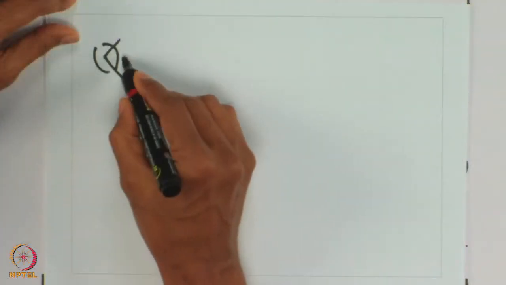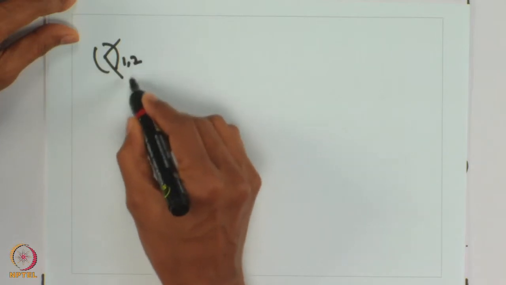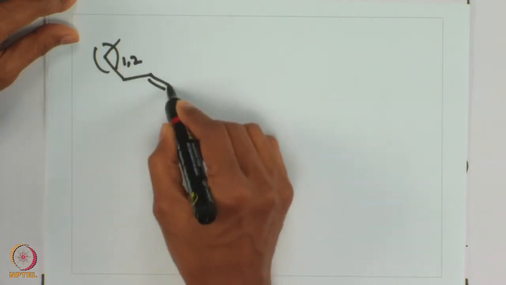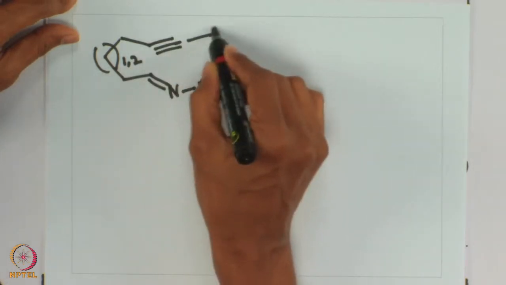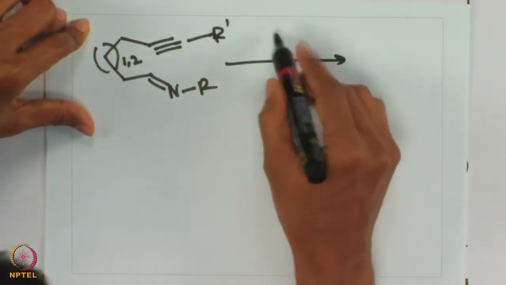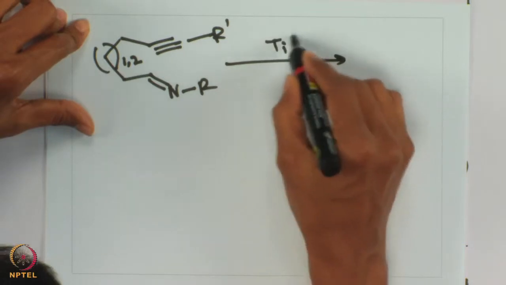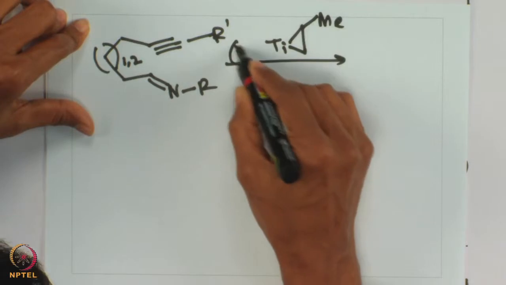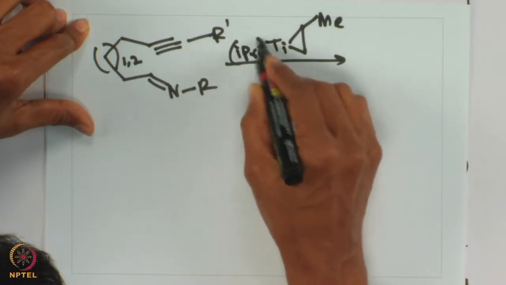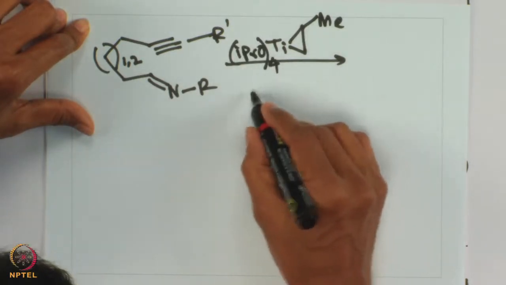So, we will be seeing the reactivity of these titanium reagents. Let us, for example, take one example. So, various imine containing one along with an alkyne appended to it. If we are reacting with that titanium intermediate, that we have drawn previously, how to generate it, we have seen it from titanium tetraisopropoxide.